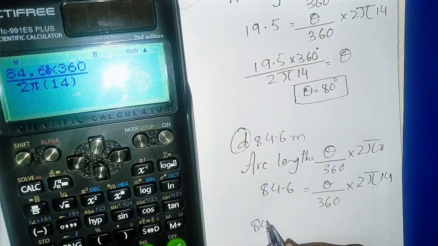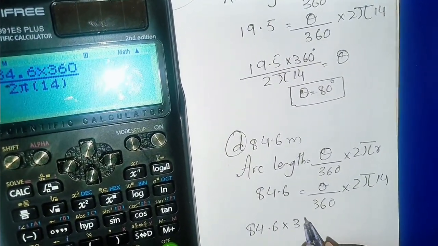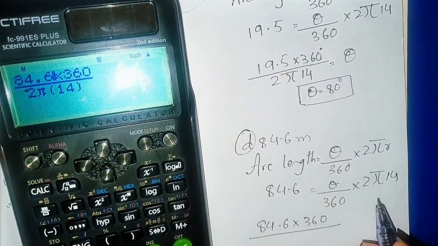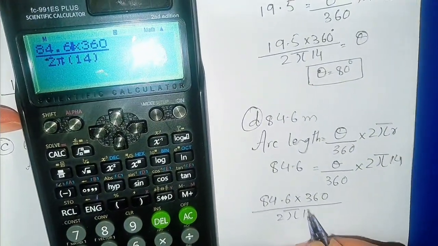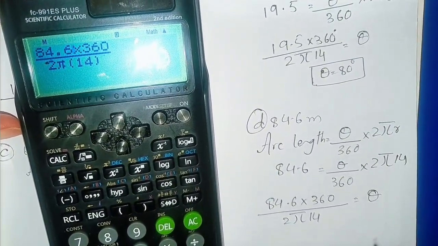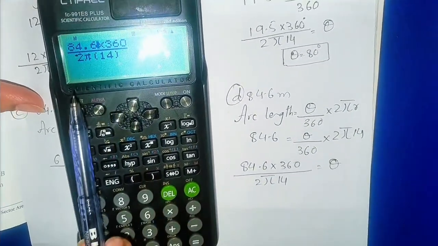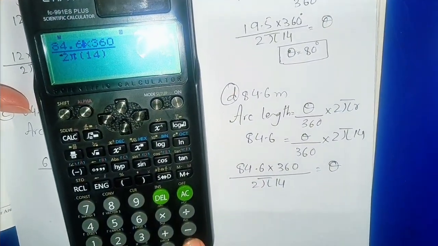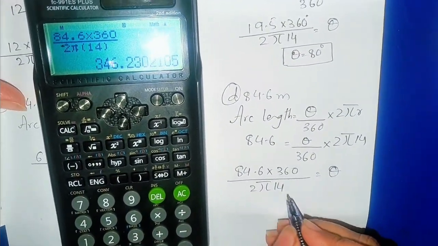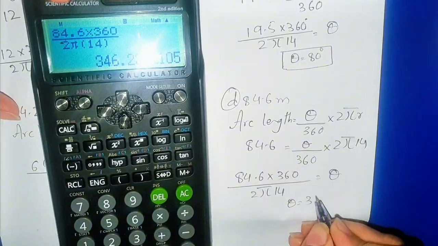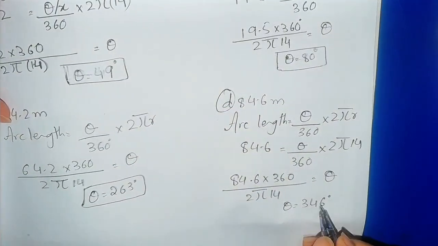The numbers that are multiplying on this side of the equation, if we shift them on this side, they would be dividing, and the numbers that are dividing would be multiplying. So make theta the subject, put all these values in the calculator, and see the answer. This is 346 degrees. Theta is equal to 346 degrees.